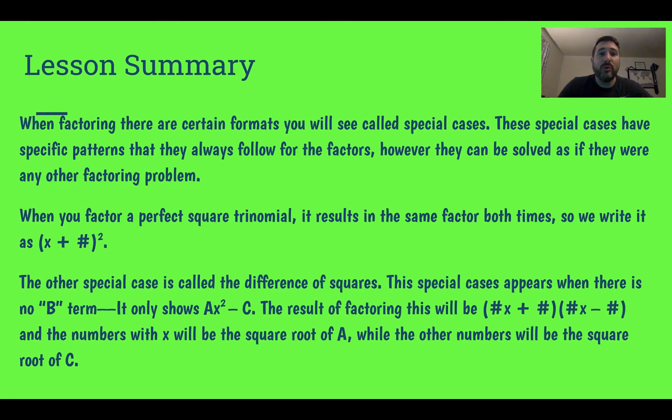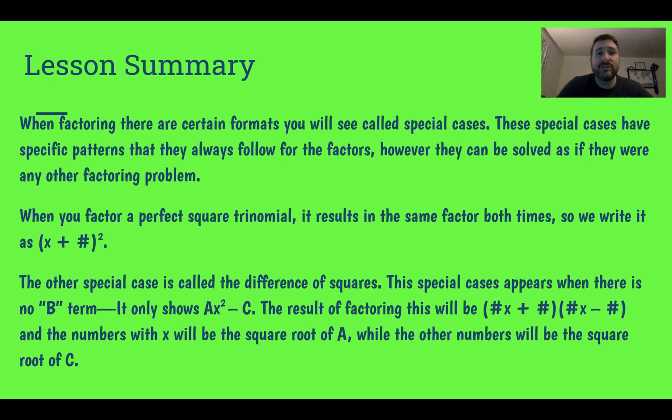In this lesson, we learned about factoring special cases. These are just certain formats that you see where either they have the same factor both times or they look the same but opposite signs. And these special cases follow the same patterns each time.